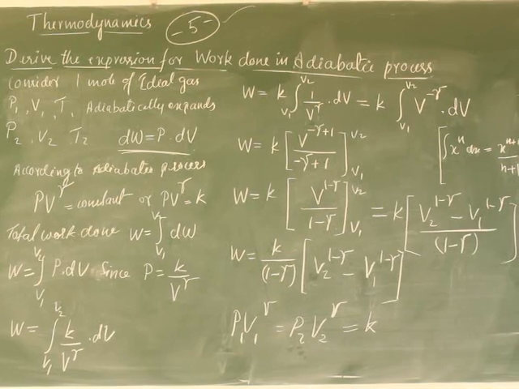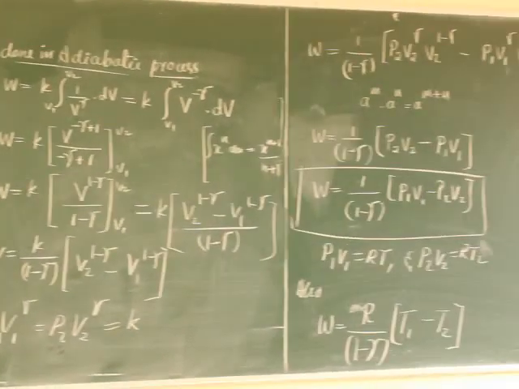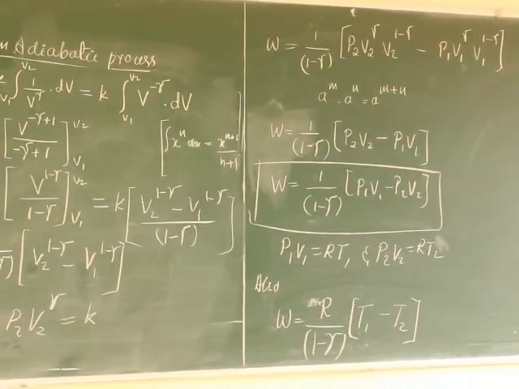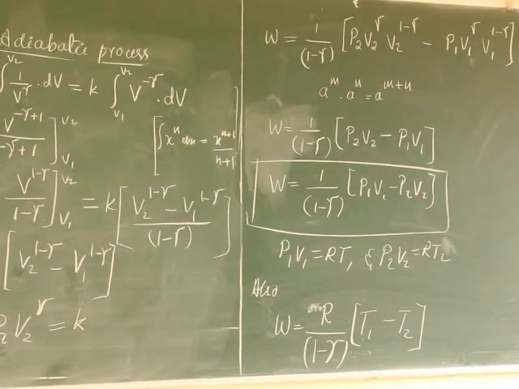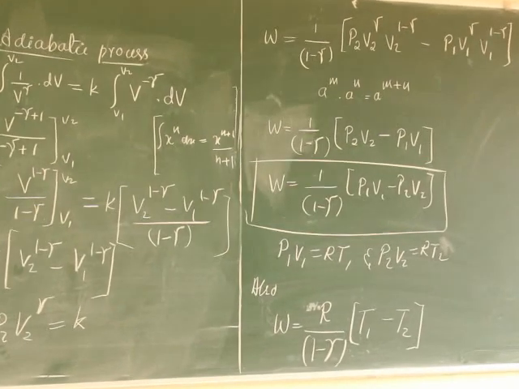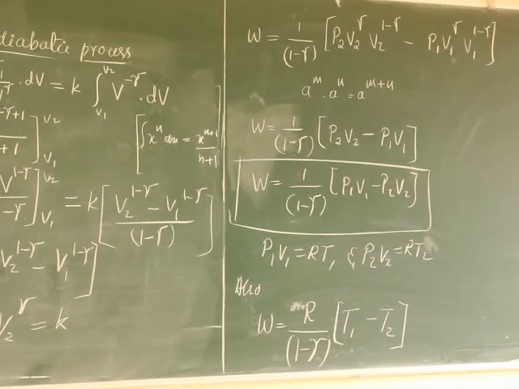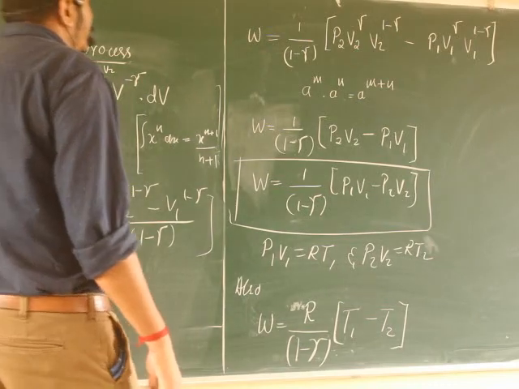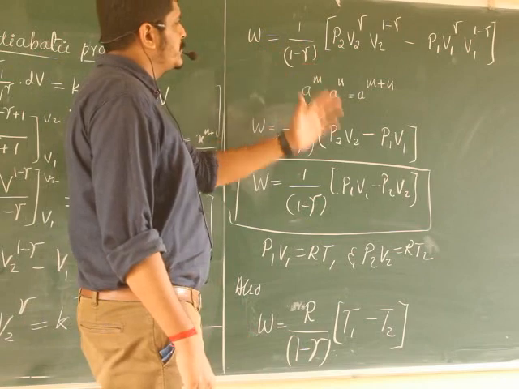And similarly, after finishing that, next you have to move to this one. The next step is W equal to 1 by 1 minus gamma.